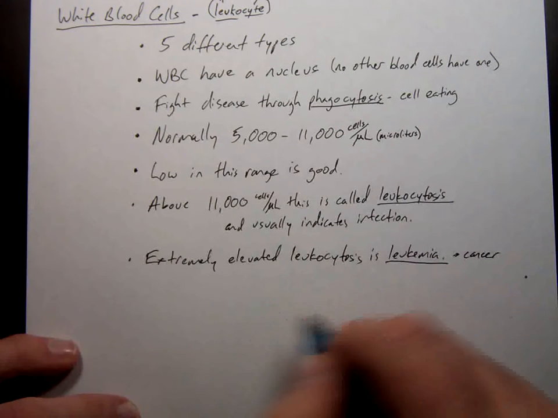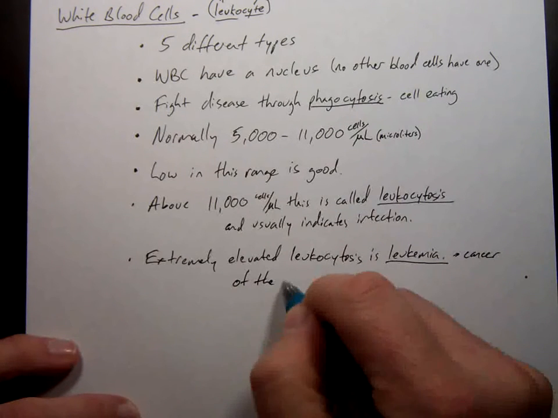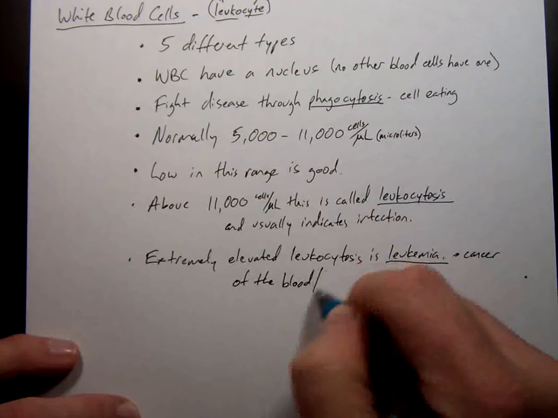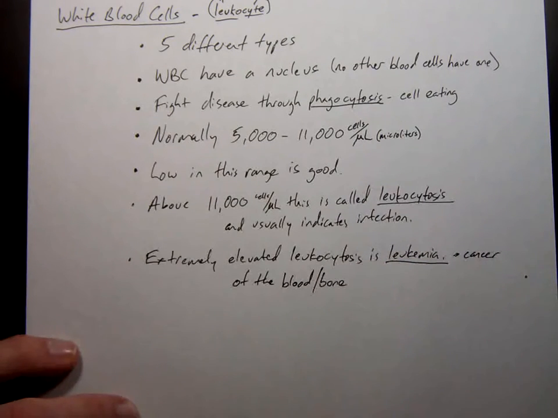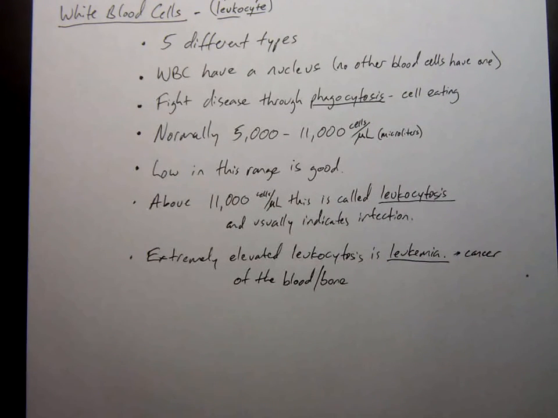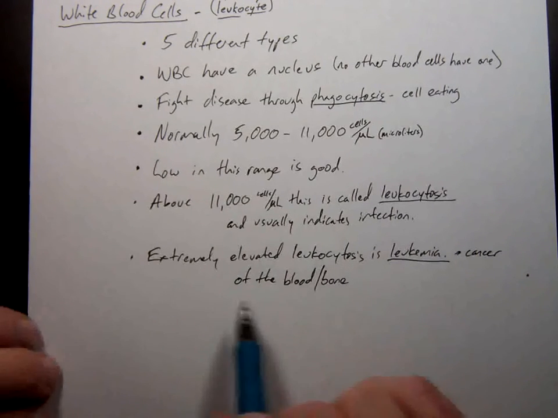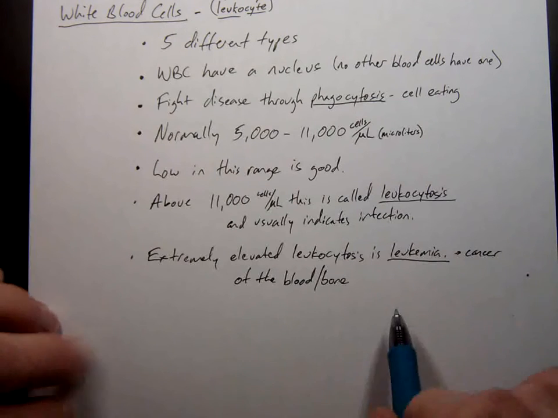Cancer of the blood and bone. Whoa. Why would they call it bone cancer? What does blood have to do with bones? Doesn't it go through your bones? It goes through them for sure. That's true, because all of our blood cells, white blood cells, red blood cells, and platelets are all made in our red bone marrow. So leukemia is cancer of the blood and of the bone.